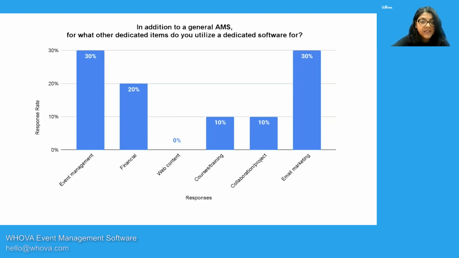Following that, financial management software is in second, with 20% of the votes. Then the courses training software, as well as the collaboration project management software, are tied with 10% of the votes.